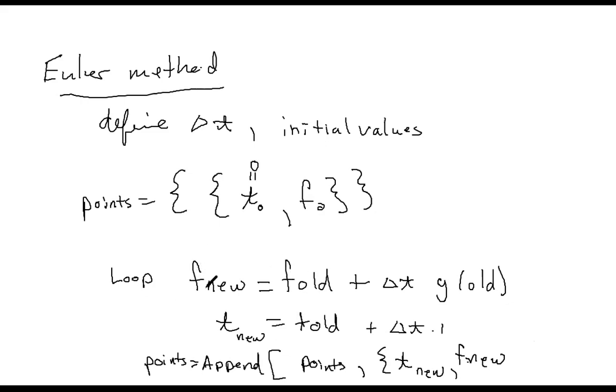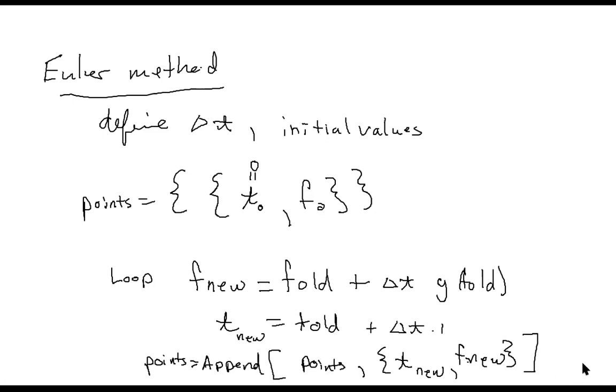There you go. So you're saying that the new value of f is the old value of f plus delta t times g acting on the old value of f. And the new time is the old time plus delta t. And then at each iteration of the loop, you glue in the new information with all the accumulated old information.